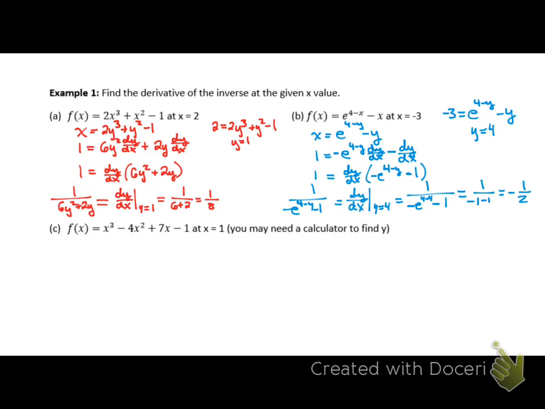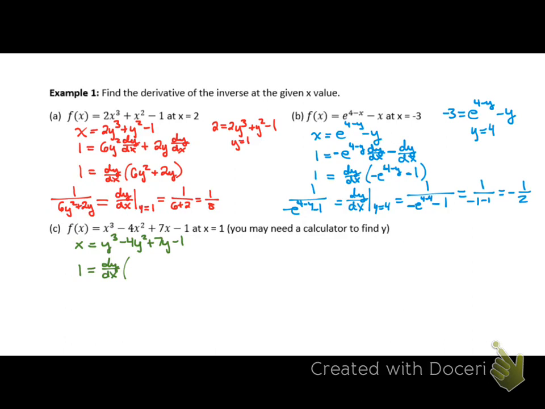So, in part C, we're doing it again, swapping x and y. x equals y cubed minus 4y squared plus 7y minus 1. We take the derivative. Now, you've seen that when you take the derivative, you're going to end up with dy dx and all of your terms on the right side. So I'm just going to jump a step, if that's okay with you, and go ahead and pull out dy dx.